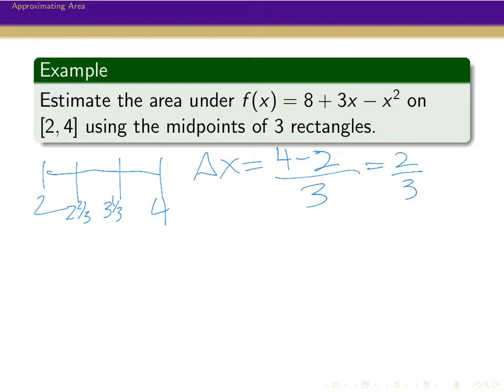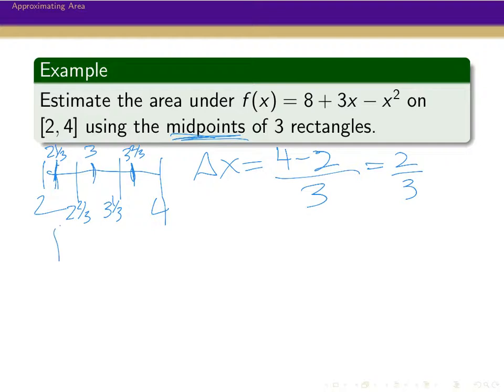Okay, so we have each of our subintervals. They're all going to be 2/3 wide. So now we've got to get the heights of each one. So it's telling us to use the midpoints. So we've got to get halfway in between each of these. If the whole way across is 2/3, halfway across is going to be 1/3 over. So this one's going to be at 2 1/3. This one, halfway between 2 2/3 and 3 1/3, is just 3. And this last one is going to be at 3 2/3.